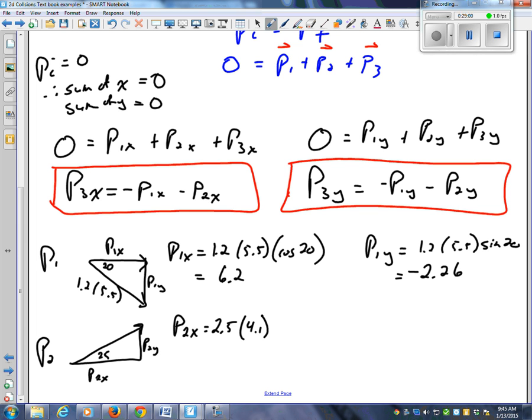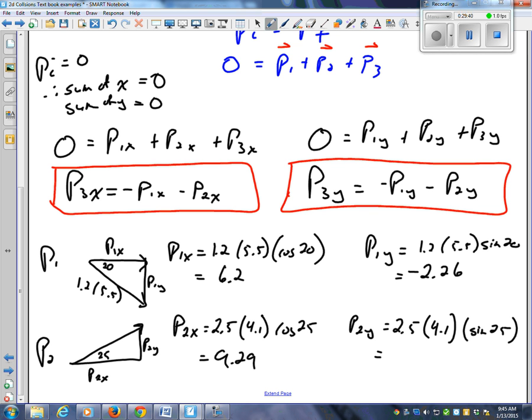X is adjacent, cosine 25. 9.29, to the right, so positive.